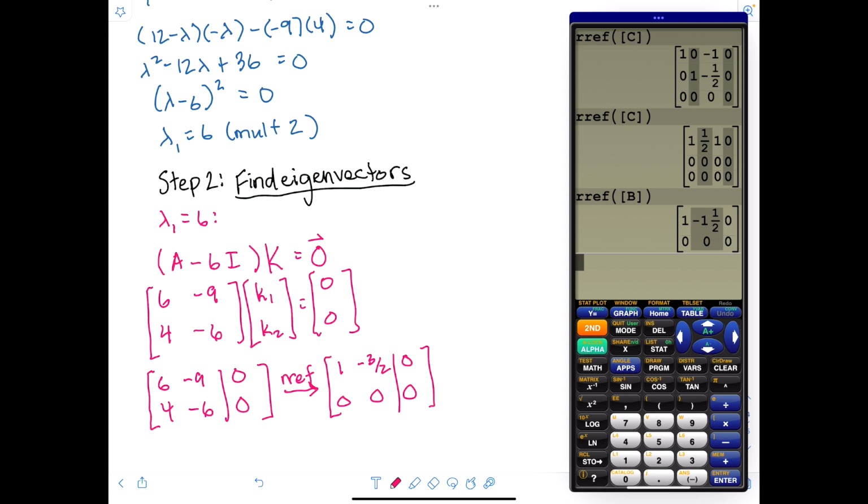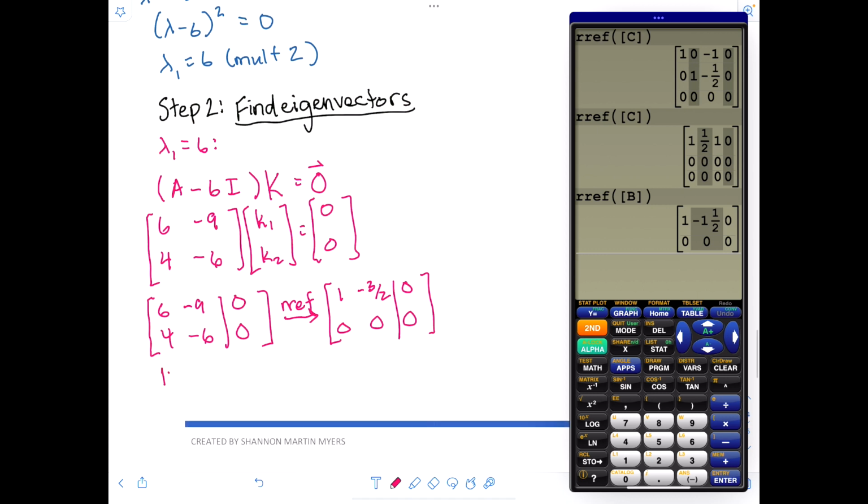So when I go back and check this out, I have my K1 minus 3/2 times K2 is 0, which gives me that K1 is equal to 3/2 K2, but I don't have some other parameter to make two vectors out of. So I'm going to have to use that other way.